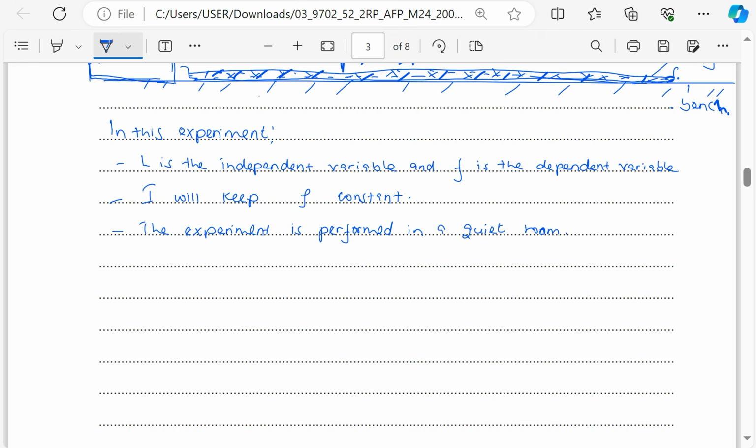So to collect and analyze data, I will carry out the following steps.